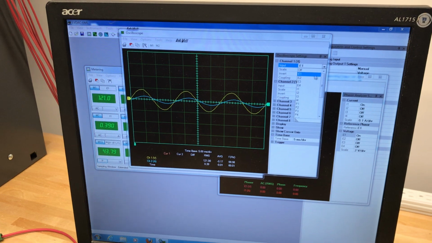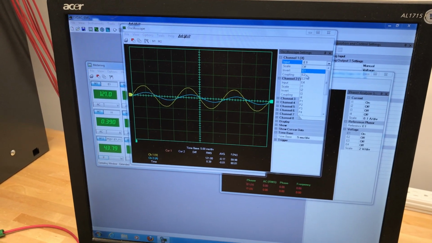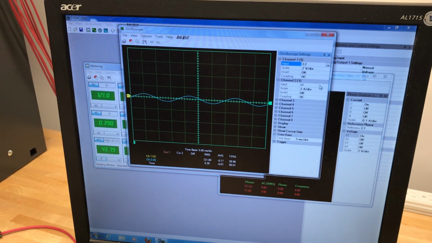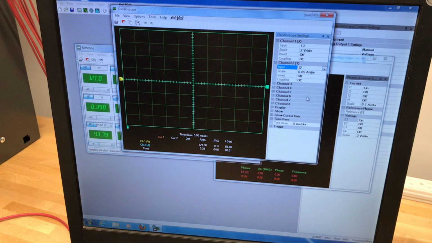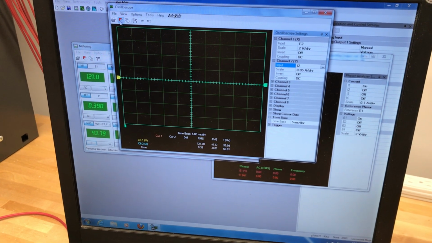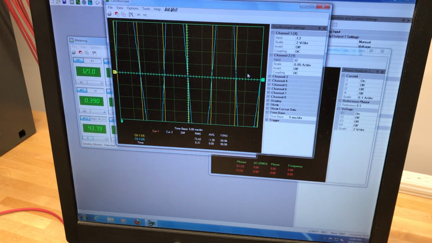By the way, I can change the voltage to whatever I want. So if I would like to draw the relation between E2 and, for example, I2, I can do that. This is the relation, they are in phase.